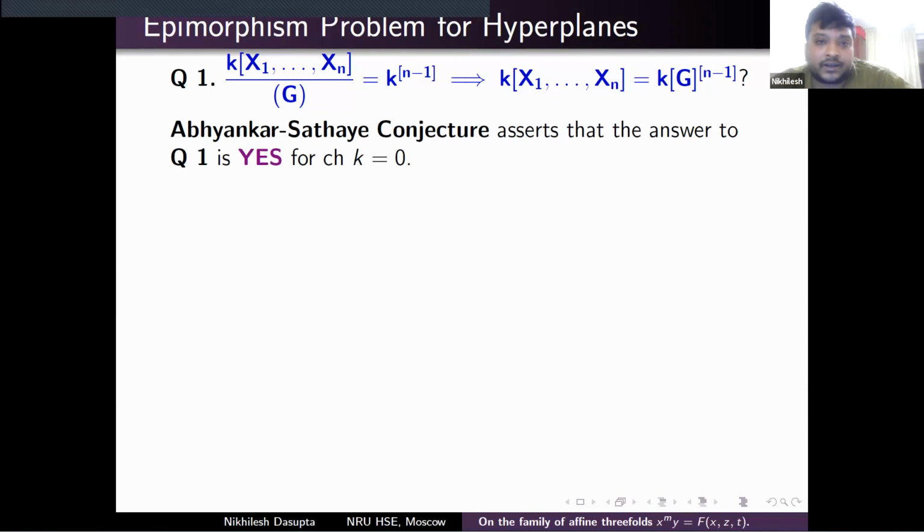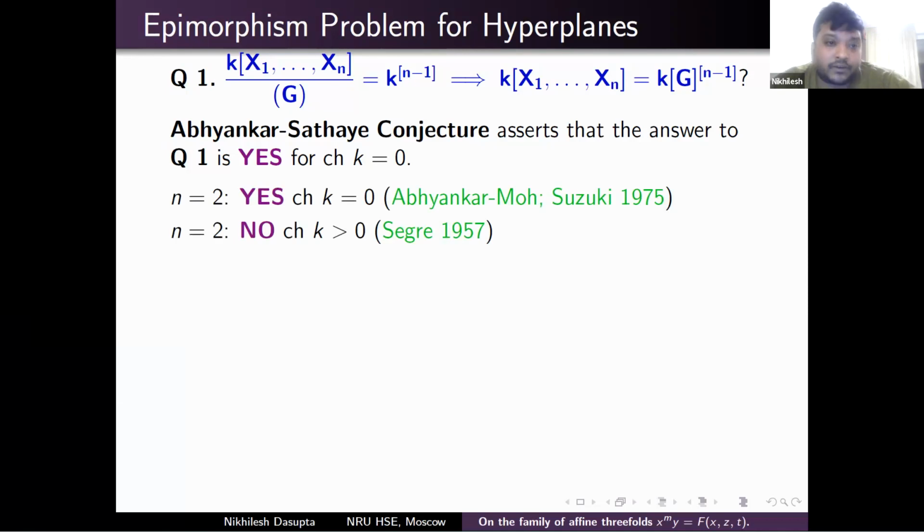And the Abhyankar-Sathaye conjecture asserts that the answer to question 1 is yes for characteristic 0, obviously, because you have seen before there are non-trivial lines in positive characteristic.